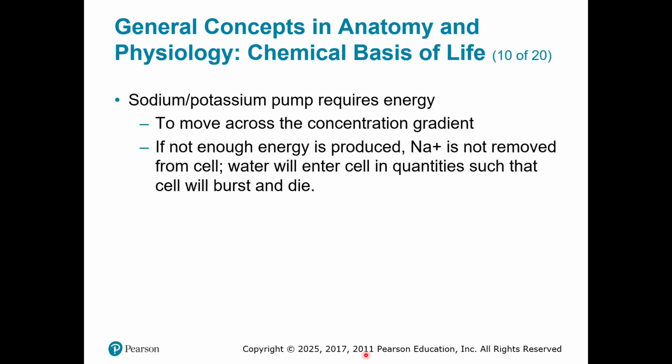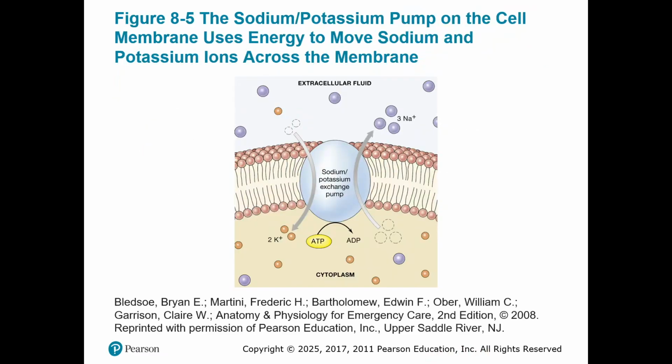So make sure you understand that. So again, the sodium potassium pump on the cell uses energy to move sodium and potassium ions across the membrane. And that's exactly what it's doing. ATP is the energy provided to that sodium potassium pump to do its job.